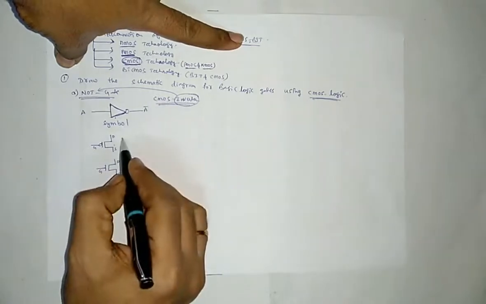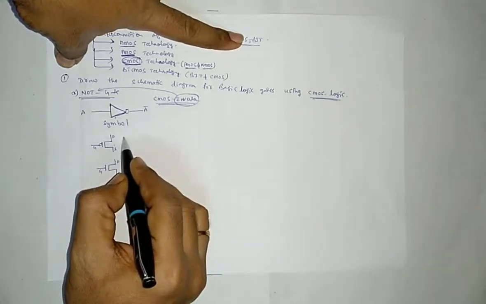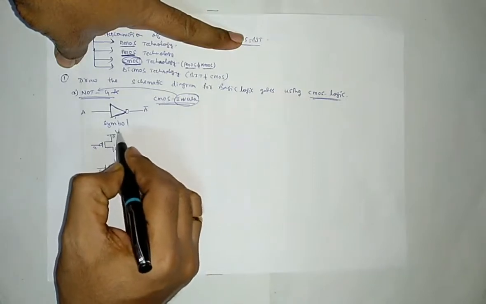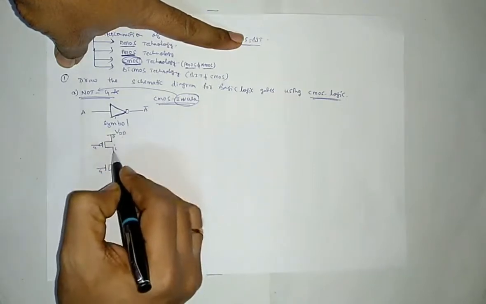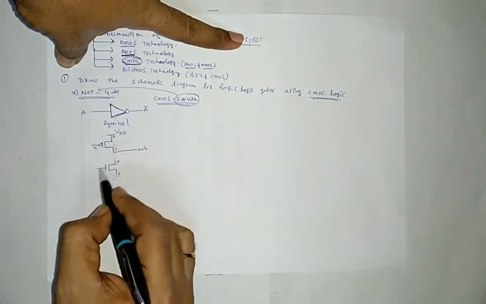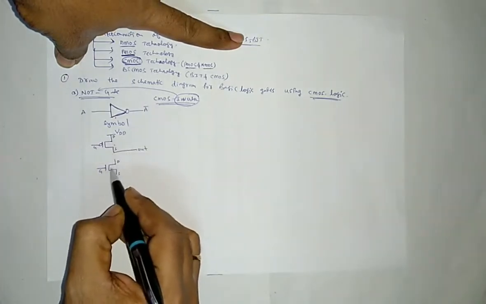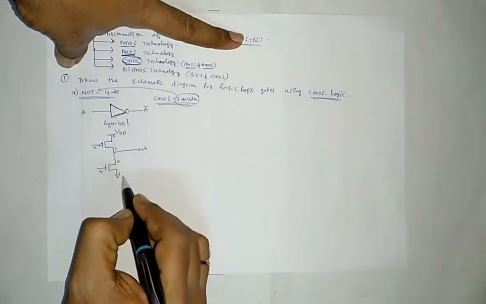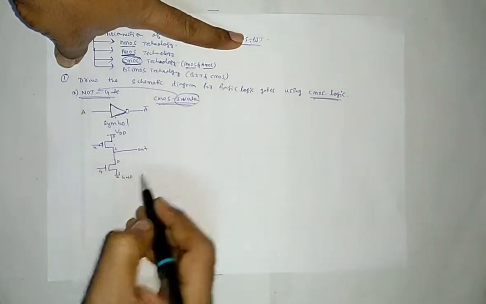Already we know that the PMOS transistor acts as the pull-up network. The pull-up network is connected between VDD and output, and this is the NMOS transistor. The NMOS circuit is connected between output and ground, right?